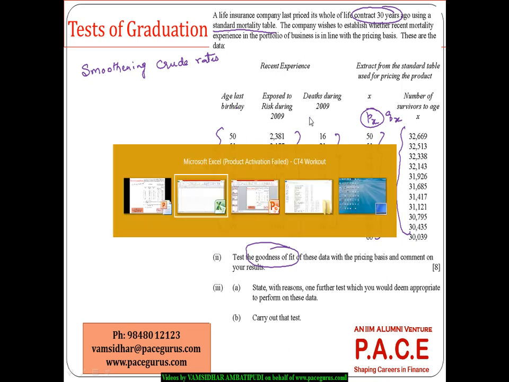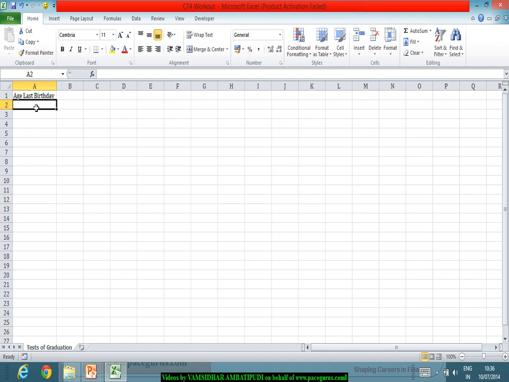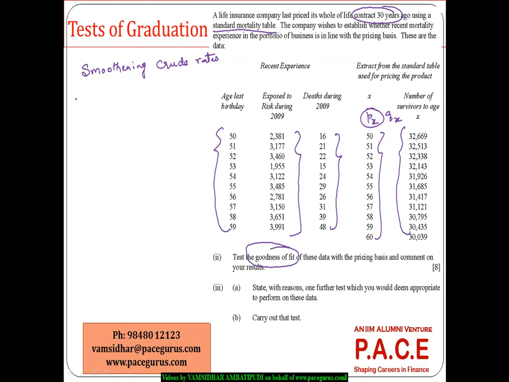So let's take the scenario into the spreadsheet. Age, last birthday. So age, last birthday is something which I am taking, and I have the values directly from 50, 51 up to 59. So the people whose ages are between 50 to 59 are being monitored. Okay, exposed to risk.